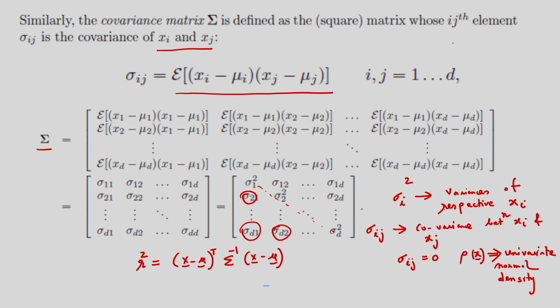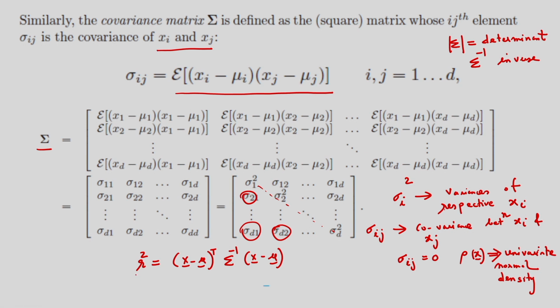In this case, sigma to the power minus 1 corresponds to the inverse of the covariance matrix.